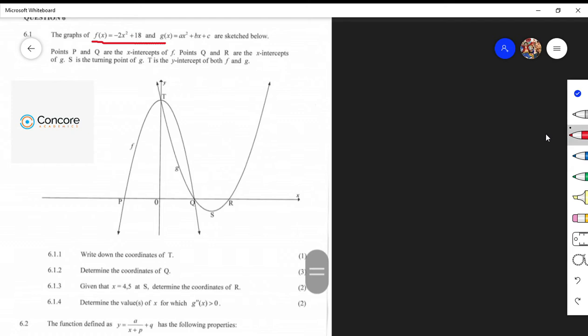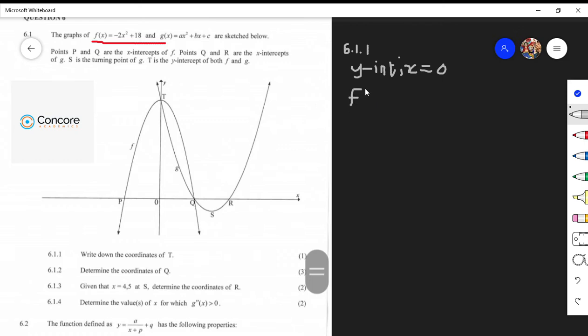So when we calculate the y-intercept, all we need to do is make x 0, right? So 6.1.1, calculating our y-intercept, which is when x is equal to 0. So all we need to do is substitute 0 into our equation.